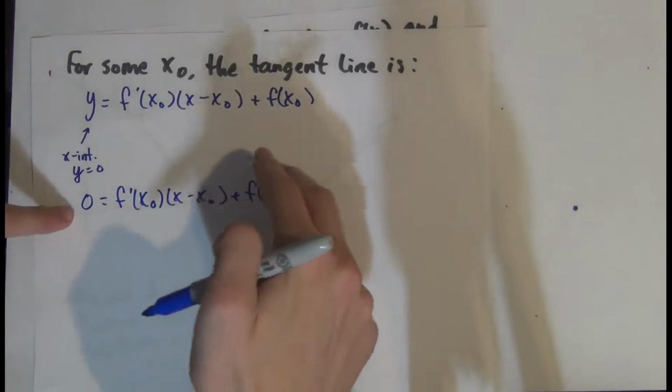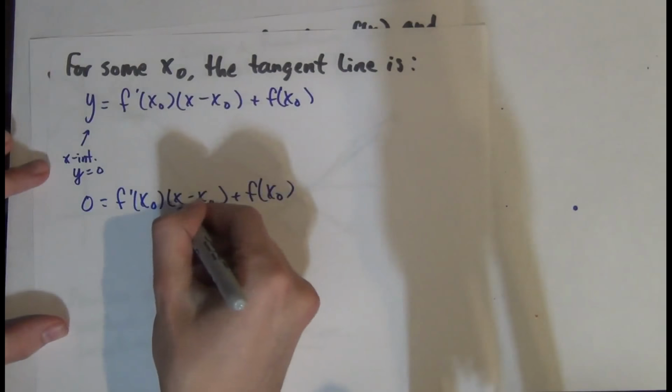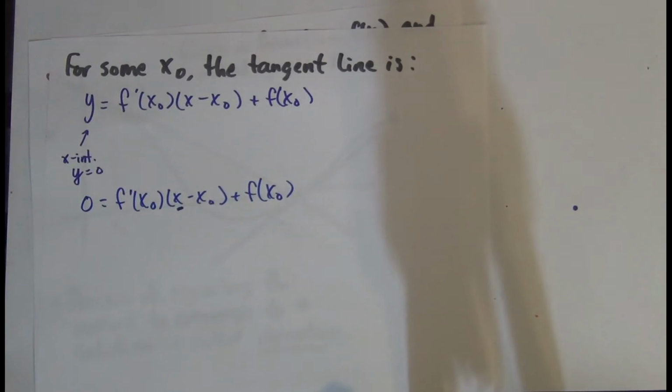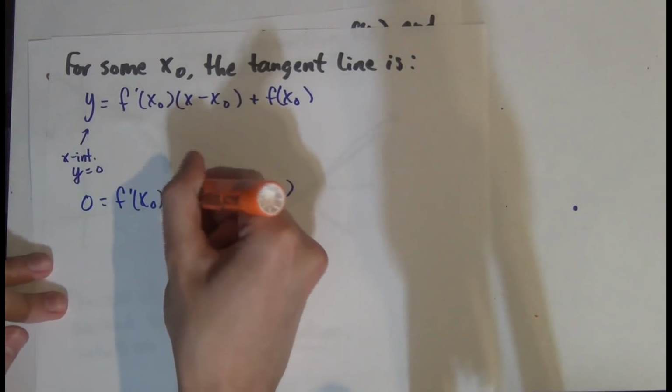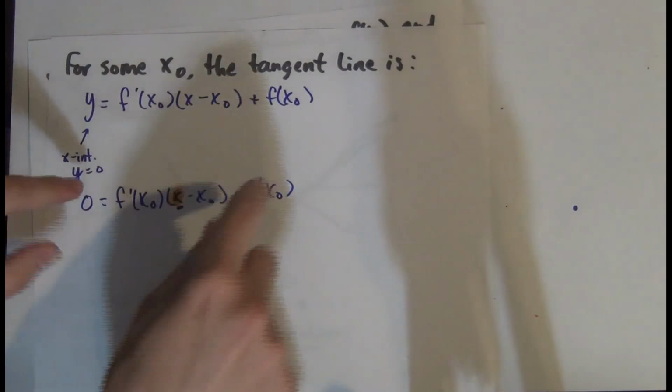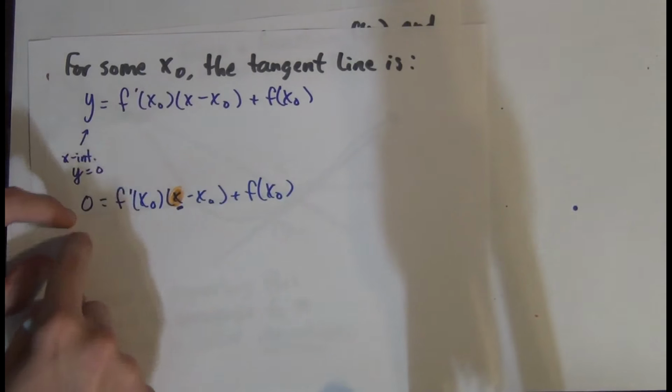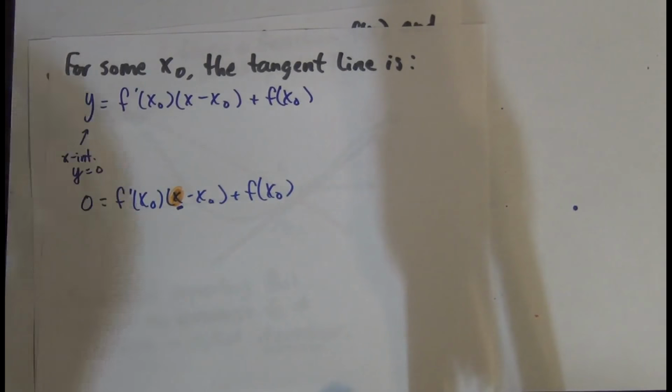Okay, so I'm going to subtract this guy over, because I want to find out what my x value is. I want to solve for my x. So I'm going to subtract f of x naught from both sides. I'm going to divide by f prime of x naught. So I'll do that in one step.